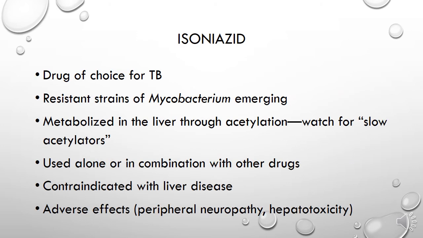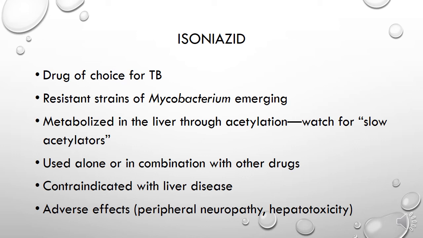Okay, we want them to keep taking their isoniazid, again that first line treatment. We want to make sure we are killing that mycobacterium, so we take it for the full course. It is metabolized in the liver, so a patient that may be considered a slow acetylator may have to have a lower dose of INH because they would be at risk for hepatotoxicity.